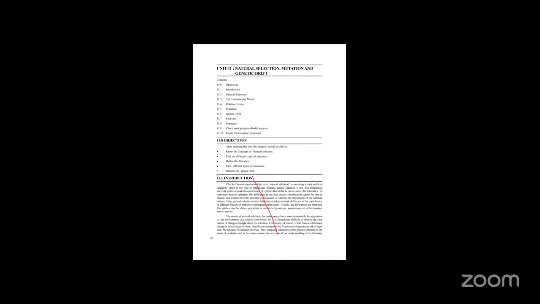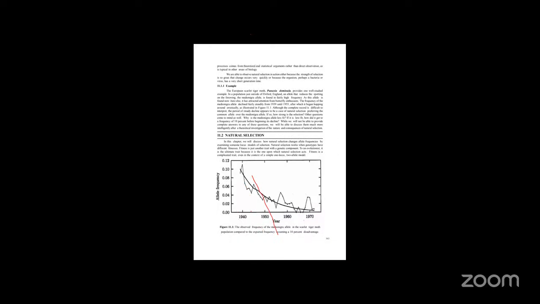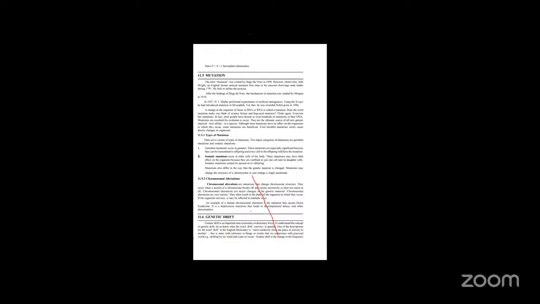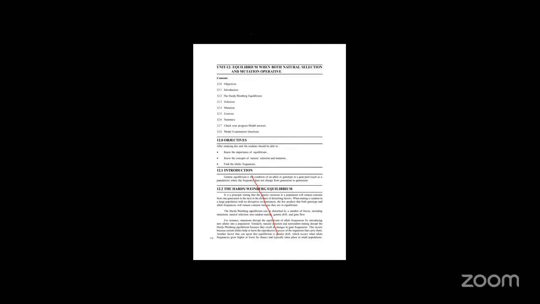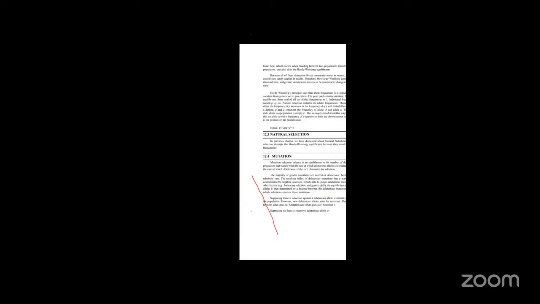Next, natural selection, mutation, and genetic drift. Next, equilibrium when both natural selection and mutation are operative.